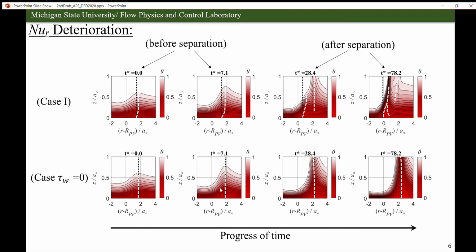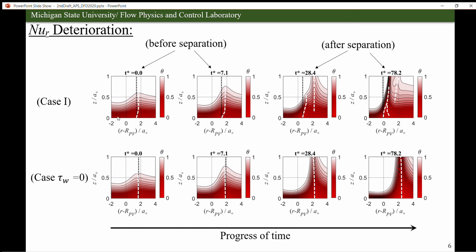Following the ridge from the edge of the thermal boundary layer to where it intersects with the wall, the intersection point corresponds to the location of the minimum Nusselt number. As time progresses, this remains connected to the upwelling of the edge of the boundary layer along the white broken line.